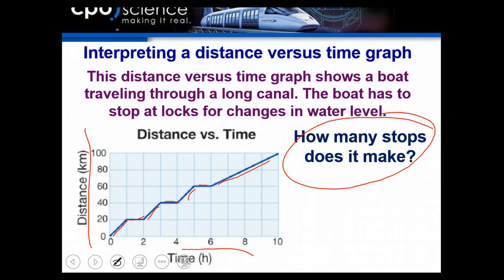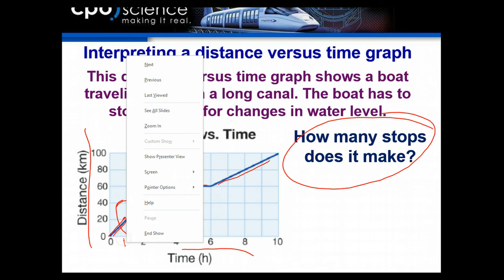Okay, so we need to figure out which one of these tells us that we have made a stop. Okay, so which one makes sense? Does it make sense that this part that's going up means that we made a stop, or this flat part means we made a stop? Okay, so this flat part right here, let's take this first one for example, means that you are at 20 kilometers and that you stay at 20 kilometers from 1 hour to 2 hours.